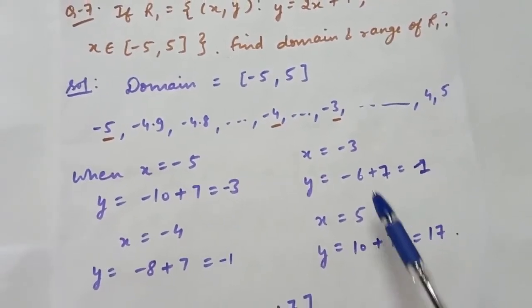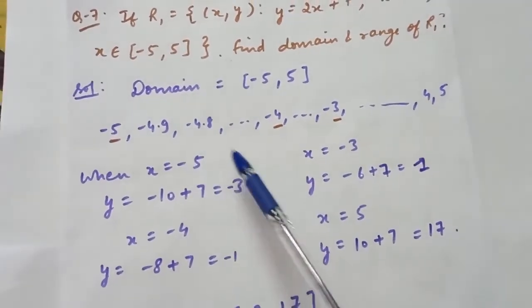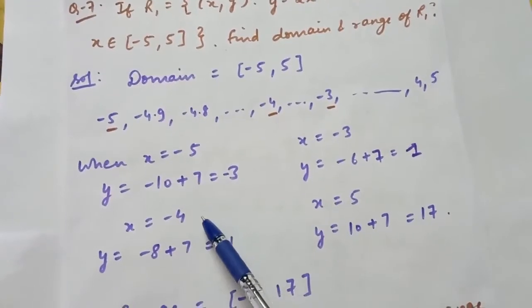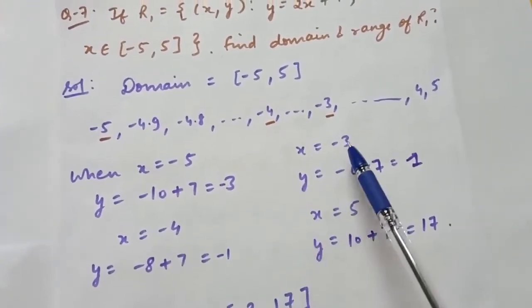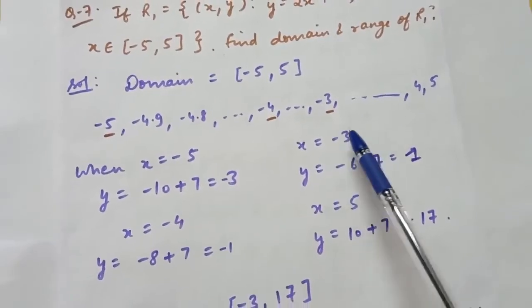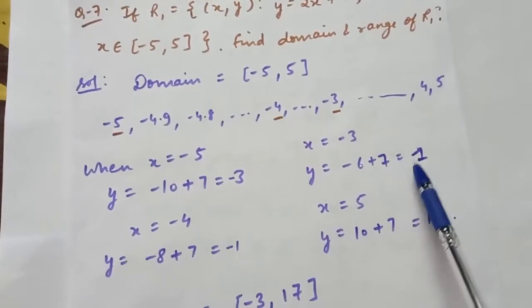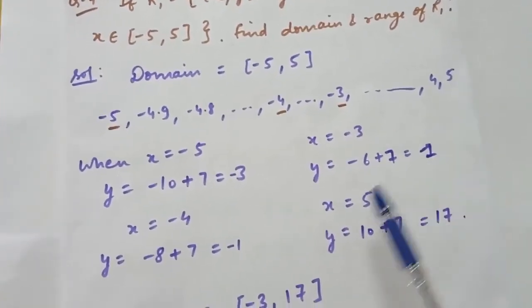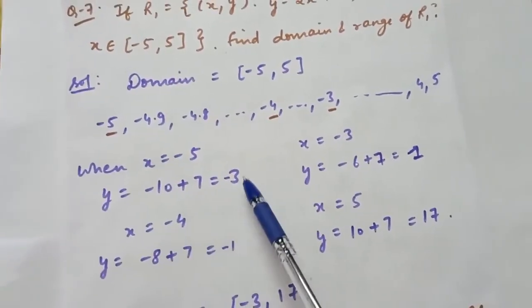Similarly, now you can see the value at -5 is -3. As x increases, the value of y increases. When x is -3, the value of y is 1. So the value of y keeps increasing, right? So at 5 the value of y will be highest, and at -5 the value of y will be lowest.